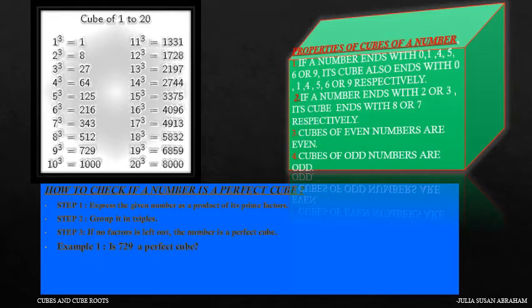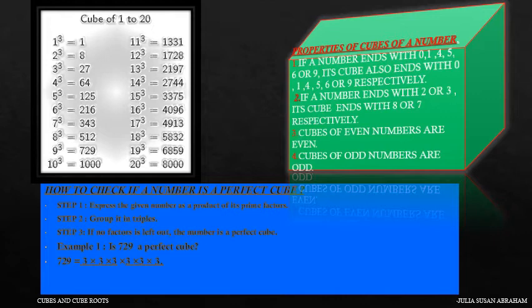Let's check. Is 729 a perfect cube? We have to follow the steps. So as you said, first we have to express it as the product of the prime factors. So 729 comes as the product of 3 six times.